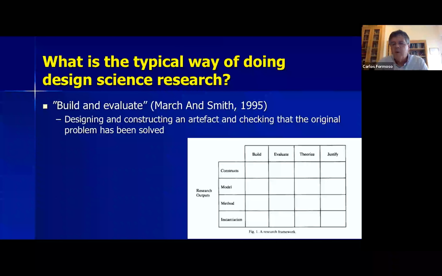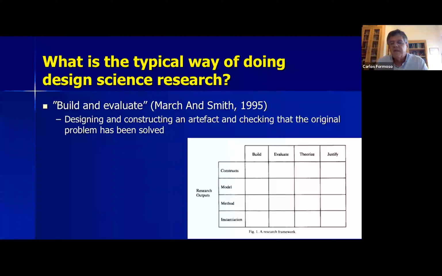So let's talk more about how you develop design science research, right? This is from a very interesting paper written by Martin Smith. It's a paper from the information systems area. And I'm going to give you a reference in these slides as well.